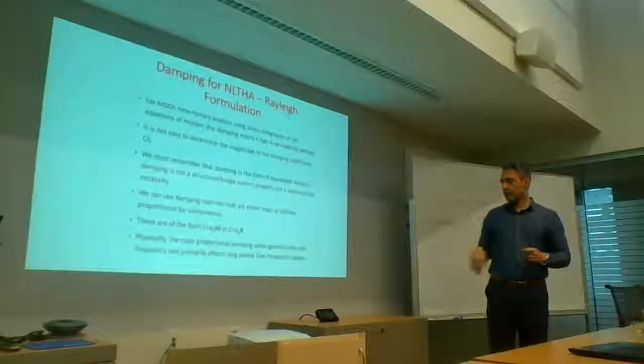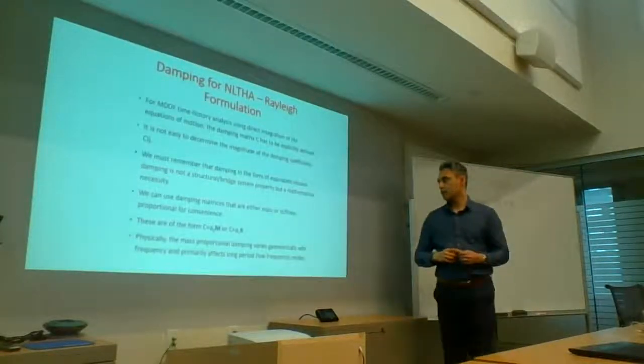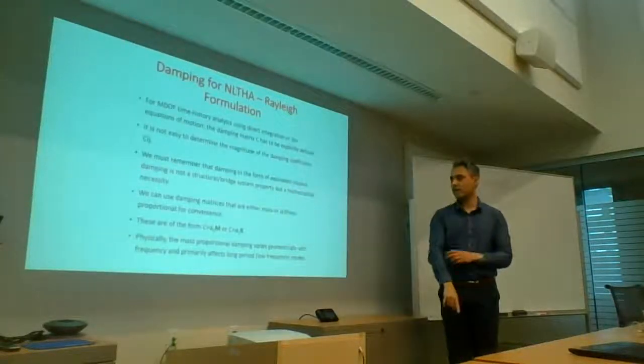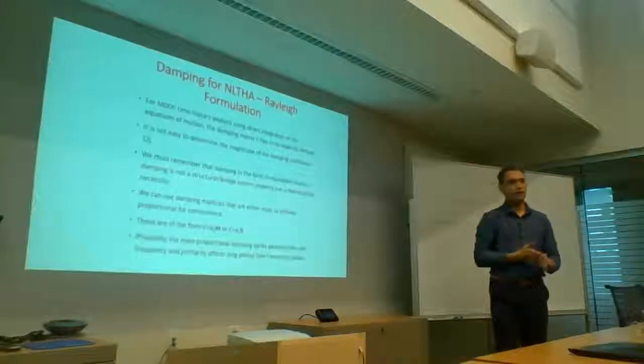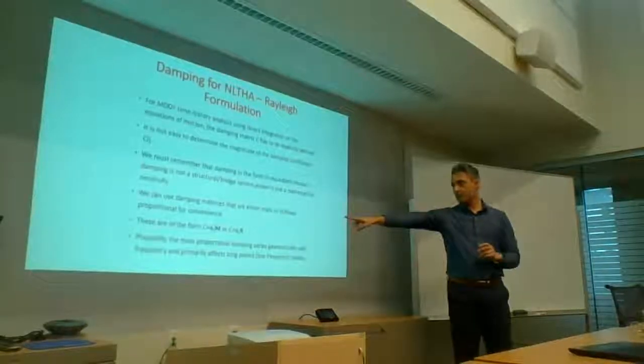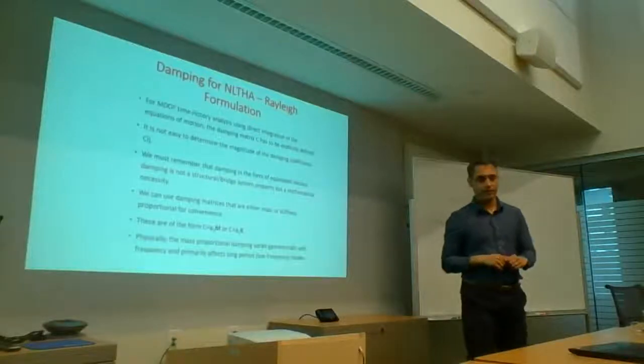So one of the formulations, which is the Rayleigh formulation, is basically taking a formulation which accounts for mass and stiffness. And that, again, is a matter of convenience. So the form is the mass has a certain coefficient and the stiffness has a certain coefficient.